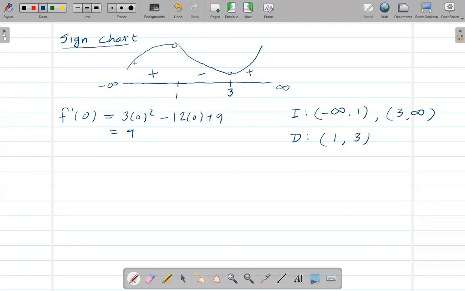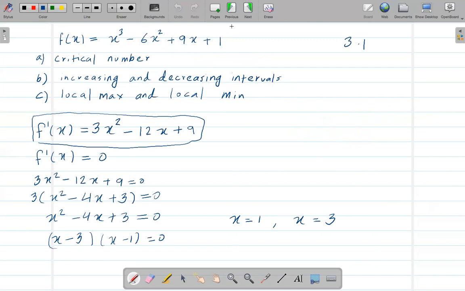Now, what point is local maximum, what point is local minimum? If you see here, it is increasing then decreasing, so this point is going to be a local maximum. So at x equals 1, you will get a local maximum. We need to find that exact point, so to find the local maximum and local minimum points, we plug this into the original function f.